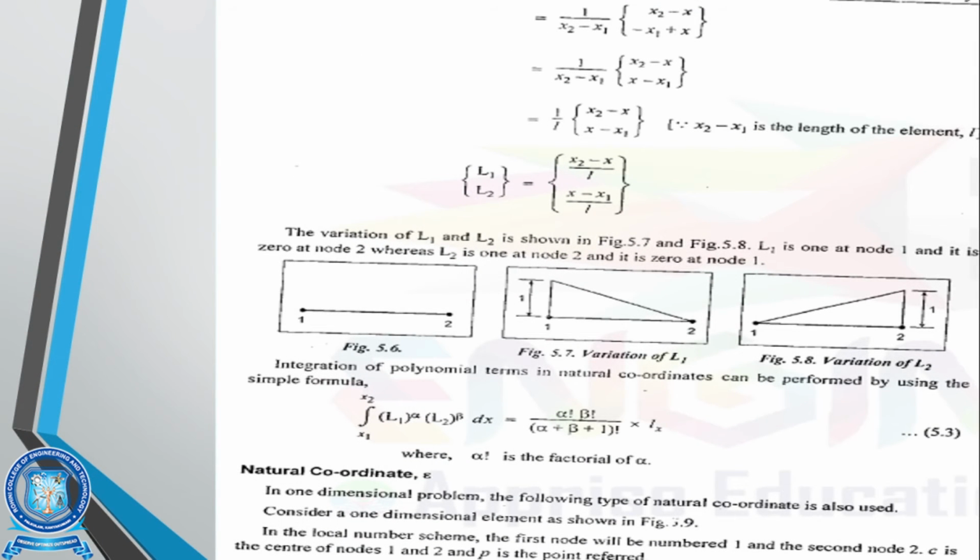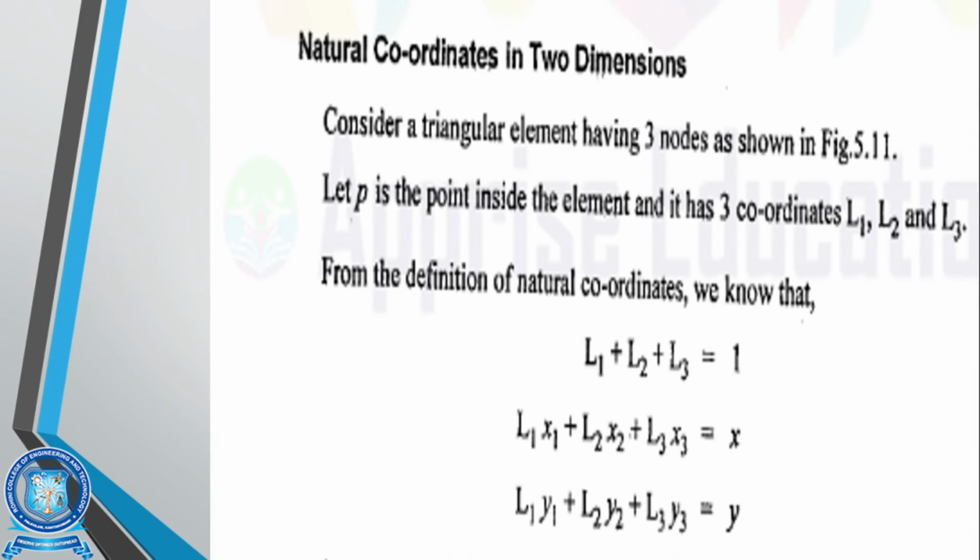In the local numbering scheme, the first node will be numbered as 1 and the second node will be numbered as 2, and C is the center of nodes 1 and 2 and P is the point which is referred to. Now natural coordinates in 2 dimensions. Let P be a point inside the element and it has 3 coordinates L1, L2 and L3.